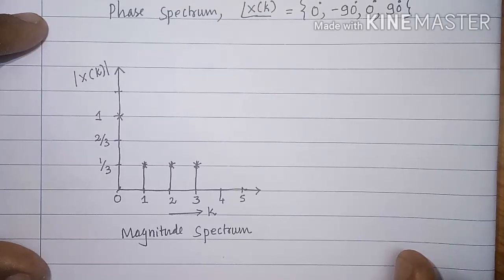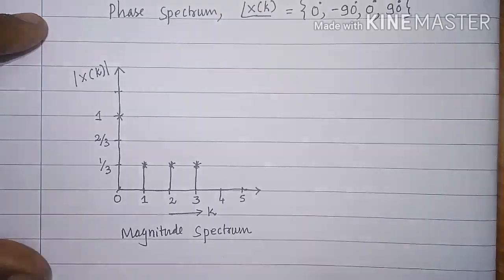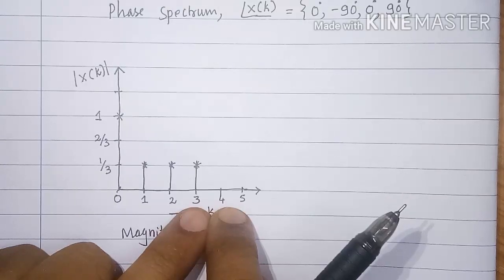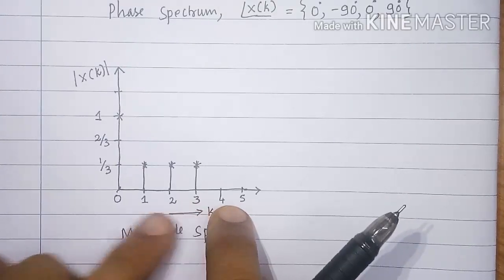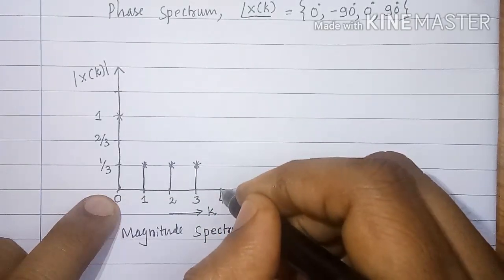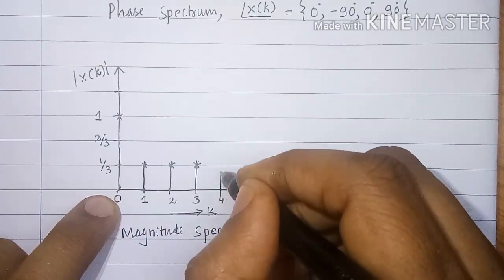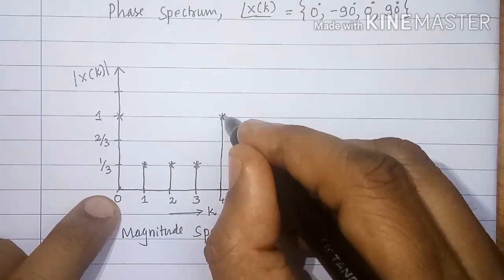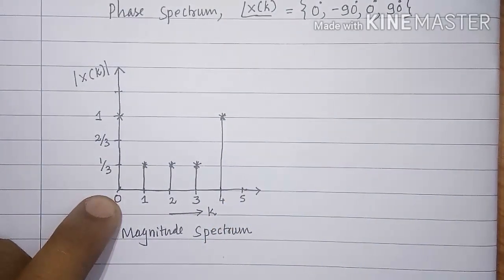Since x of k is periodic with periodicity of capital N, in first case we are having capital N equal to 4. Therefore, the fifth sample here will be same as the first sample. That means x of 4 will be equal to 1 only.